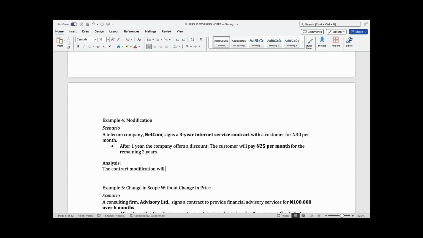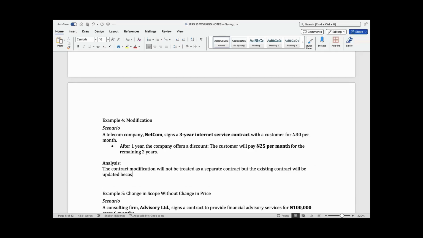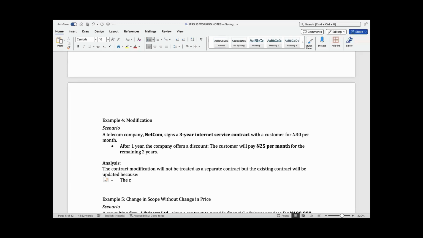The contract modification will not be treated as a separate contract, but the existing contract would be updated because the change in price does not reflect the standalone selling price of the services.